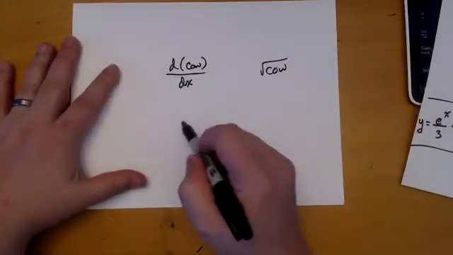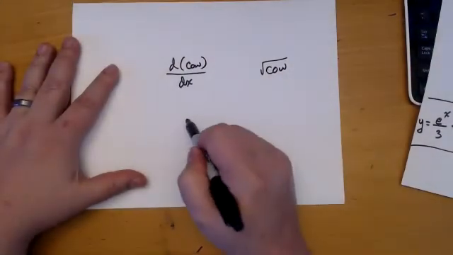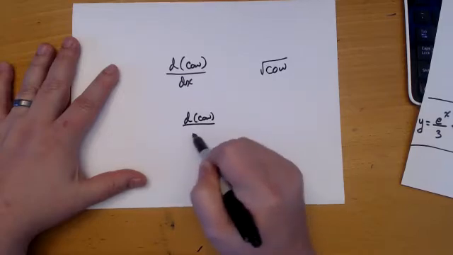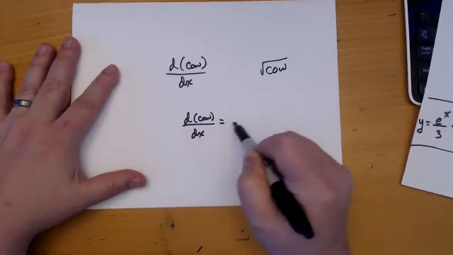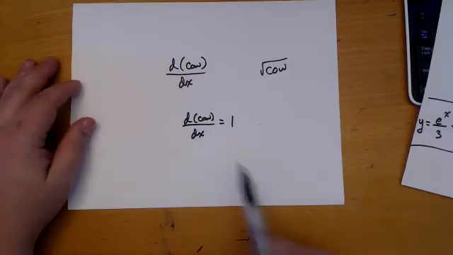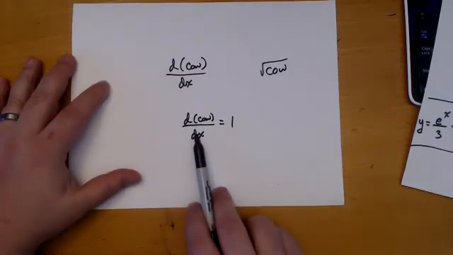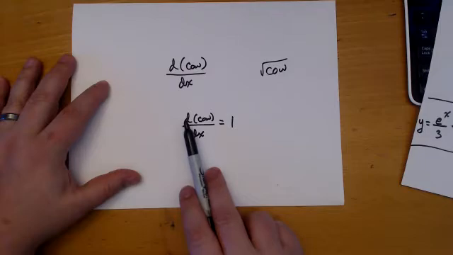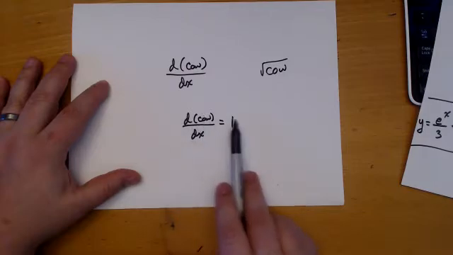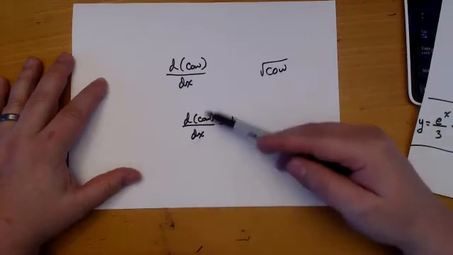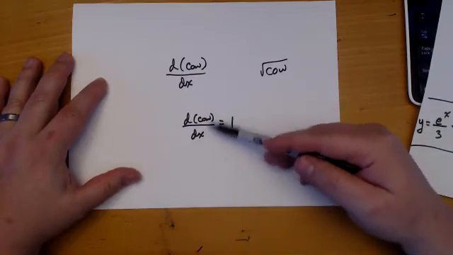And so if I say that d of cow over dx is equal to 1, what this is saying is whenever x changes, cow changes the same amount, because it's 1, right? These two change at the same speed.